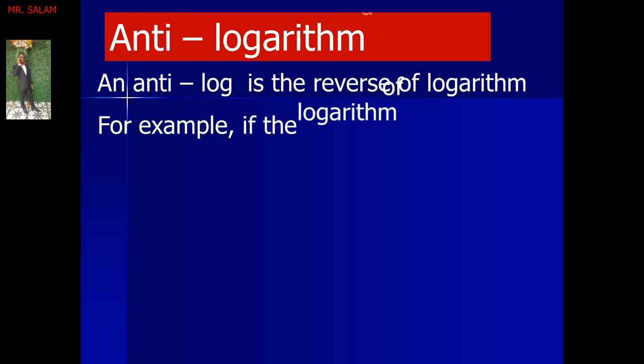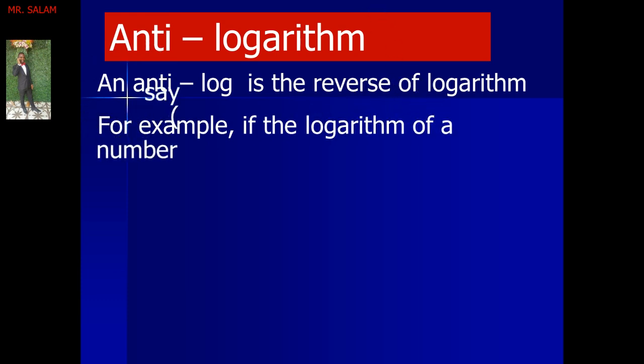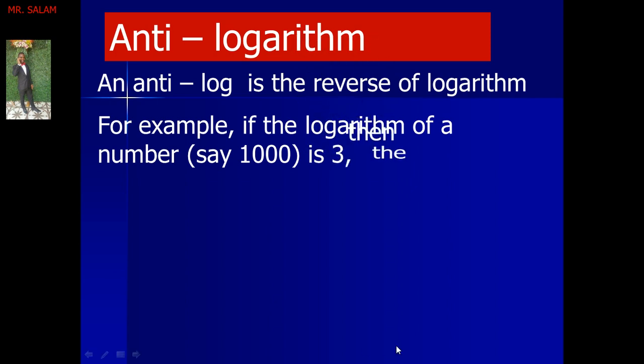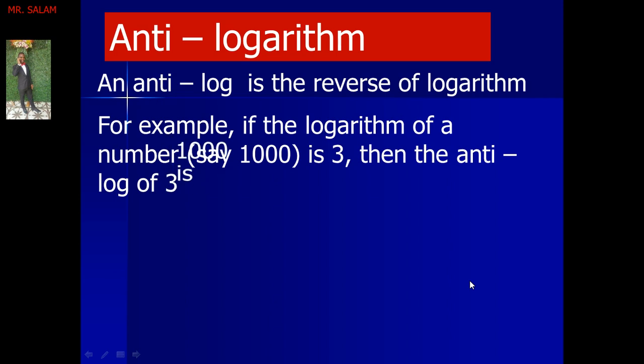For example, if the logarithm of a number, let's say 1000, is 3, then the antilogarithm of 3 would be 1000. If the logarithm of 100 is 2, the antilogarithm of 2 will be 100. So the antilog of a number is just the opposite of logarithm of the same number.